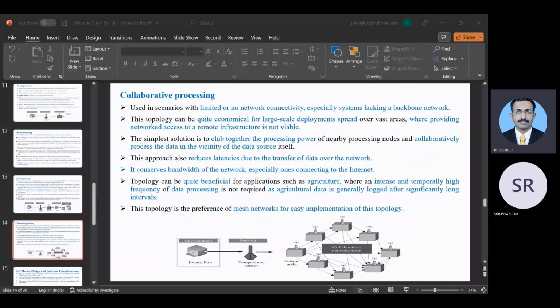The topology is quite economical, and large scale deployment is possible. The simplest solution is to club together the processing power, and it also reduces the latency due to the transfer of data over the network. So even the latency is less, because you can see here, this is the node.